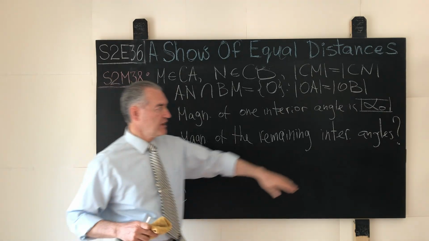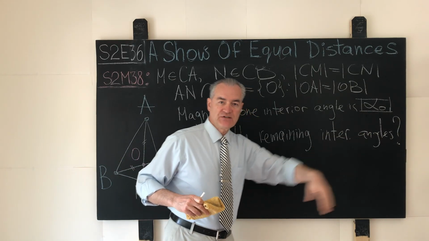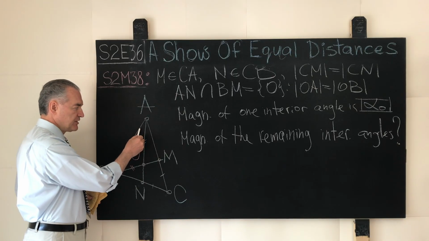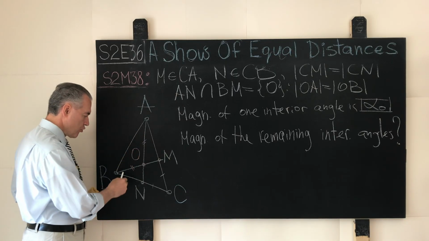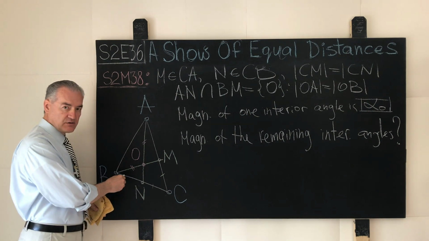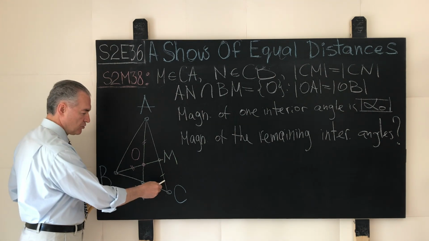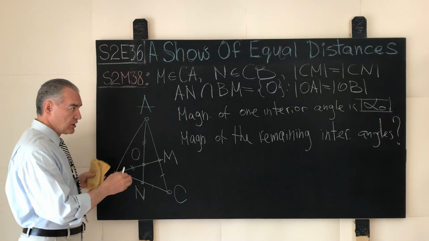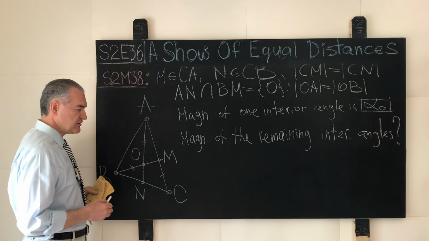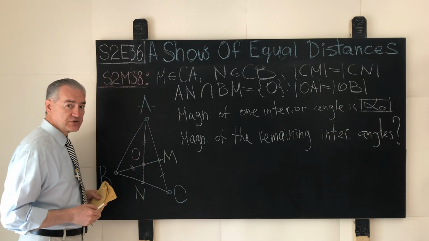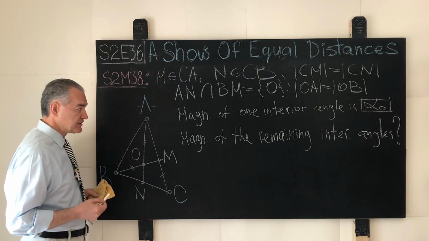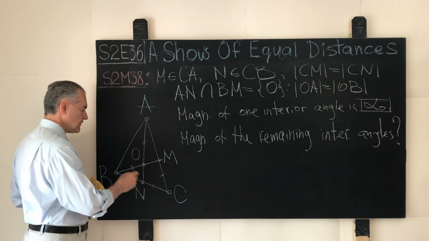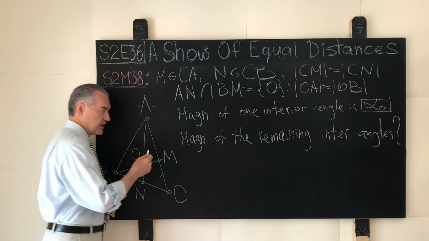Let us say it is given, and we designate it with alpha 0, which means that in this case the magnitude of that angle can be the magnitude of the interior angle at the vertex A, or at the vertex B, or at the vertex C. We do not know. We have to analyze the situation as our solution unfolds. And the challenge in this problem is to recover the magnitudes of the remaining two interior angles of that triangle.